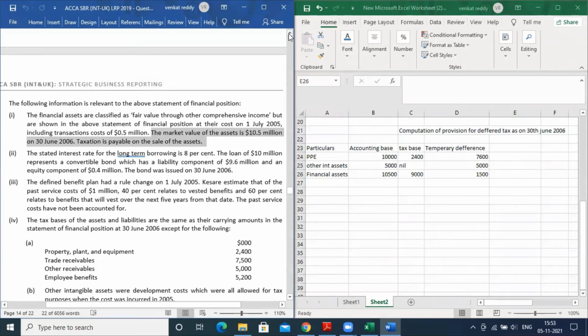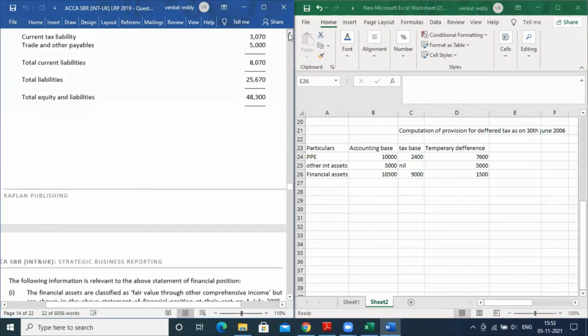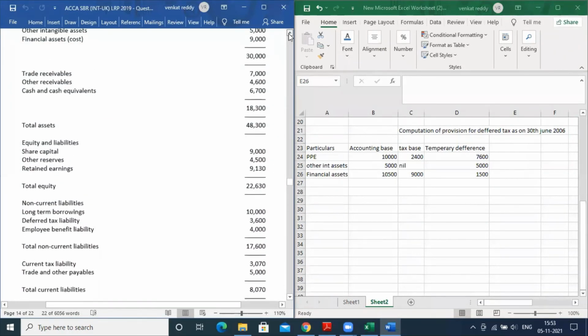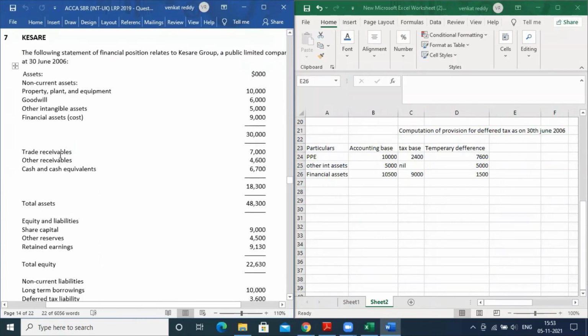Then after financial assets, the next asset is trade receivable.